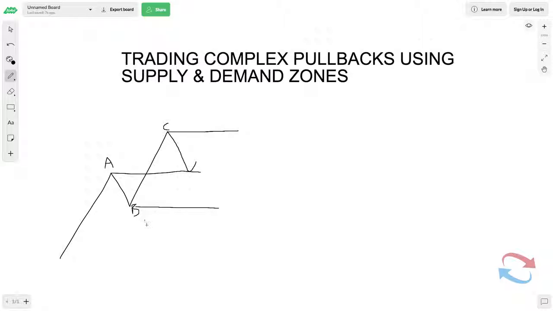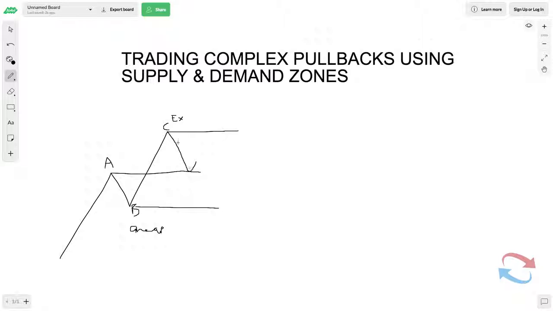Now, if this is the cheapest area, if this is cheap, this has to be an expensive area. And in between a cheap area and an expensive area is fair value. So this would be considered fair value.